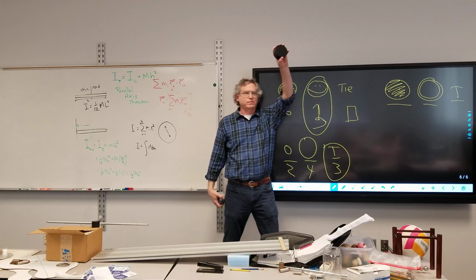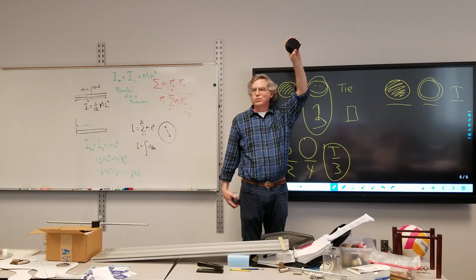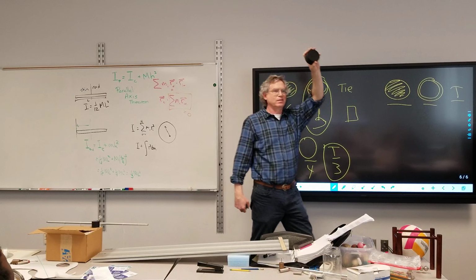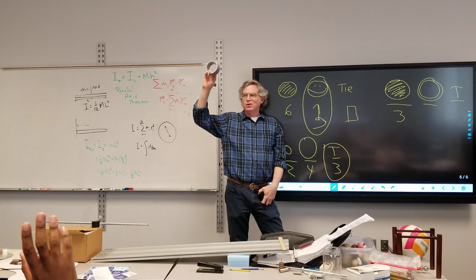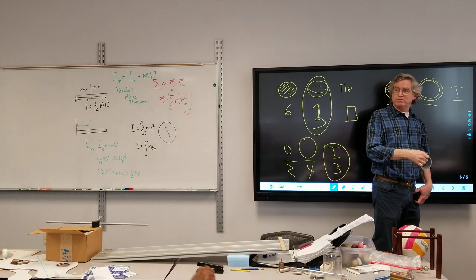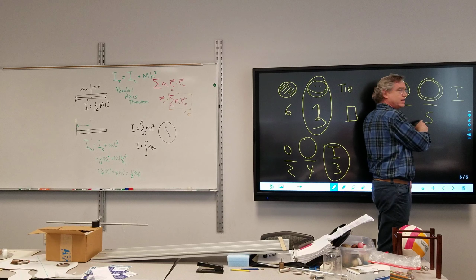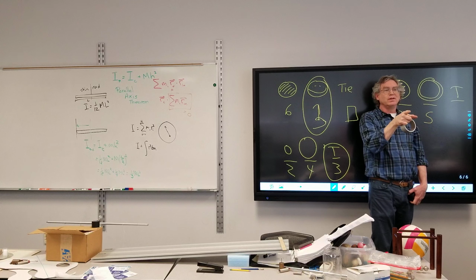All right, here we go, disc. 1, 2, 3. The hoop. 1, 2, 3, 4, 5. We have another at the very end. Tie. And then also tie. And then disc. I'll go with disc.